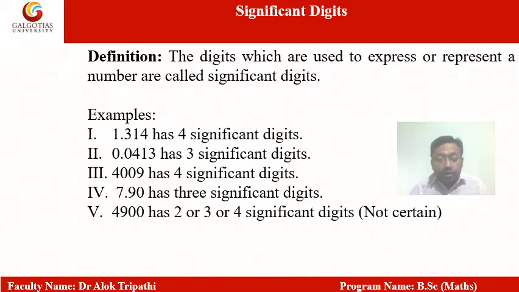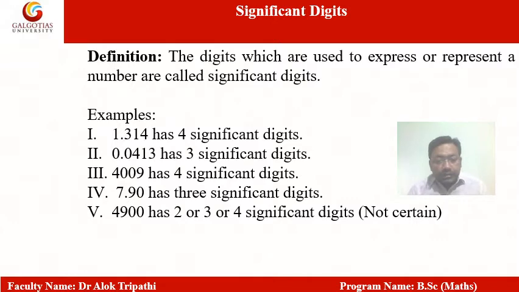Why? Because when we use 0 here, it is just used to fix the decimal place. It was not used to express the number. That's why this number has only 3 significant digits.